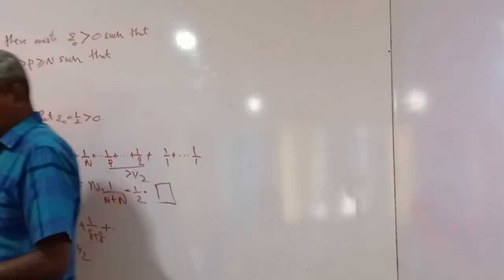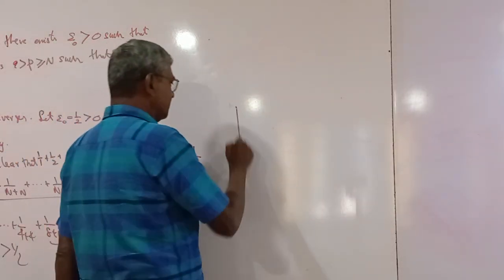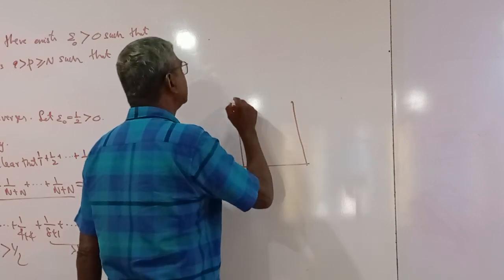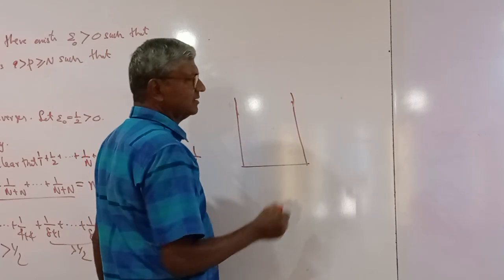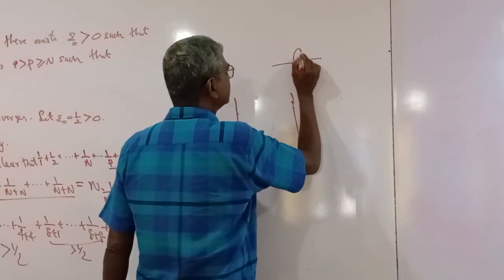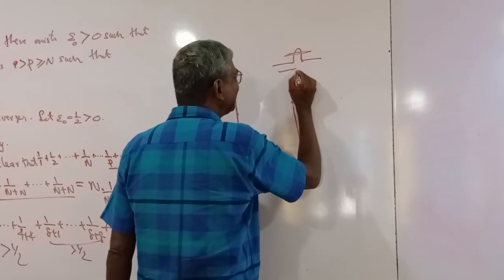So, suppose you have this thing, some big vessel, and there is a water tap. My art will be very good.